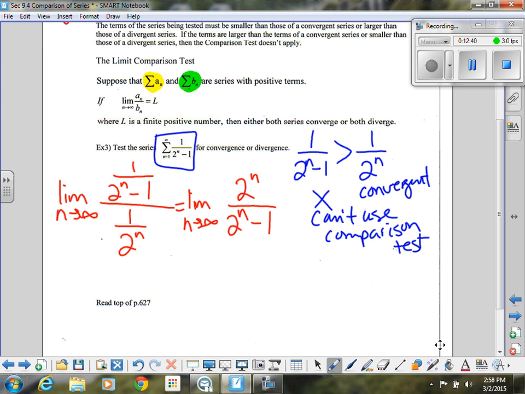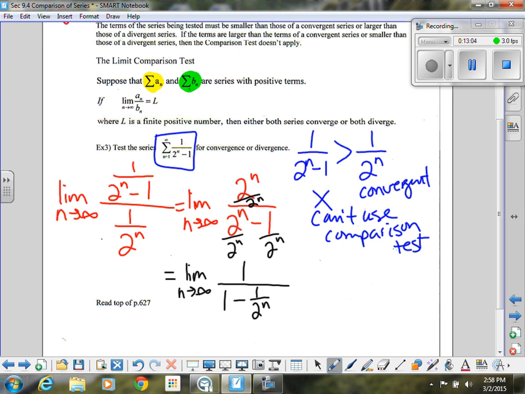Now, one of our techniques, remember, is to divide by the highest power in the denominator. So I'm going to be dividing everything by 2 to the n. Look at what that does. We haven't really done that with powers, but it works just the same as it does with polynomials. All right, so I'm going to get the limit of 1 over 1 minus 1 over 2 to the n.